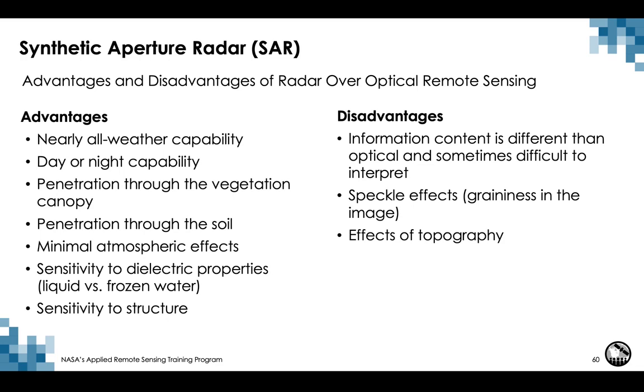And SAR data is sensitive to dielectric properties, which are liquid versus frozen water in the substrate, as well as soil structure. Some of the disadvantages are the information content is different than optical data and sometimes difficult to interpret. There are speckle effects to contend with, as well as challenges with topography, depending on your study area.